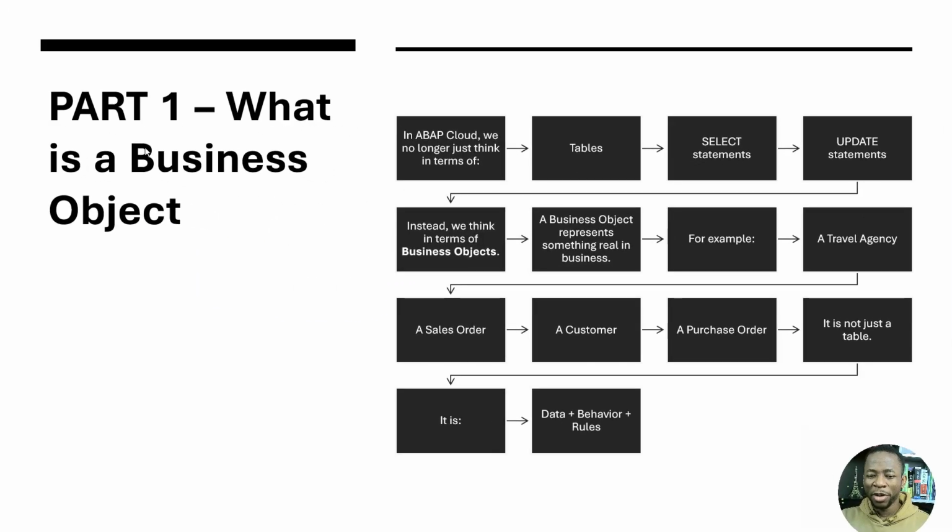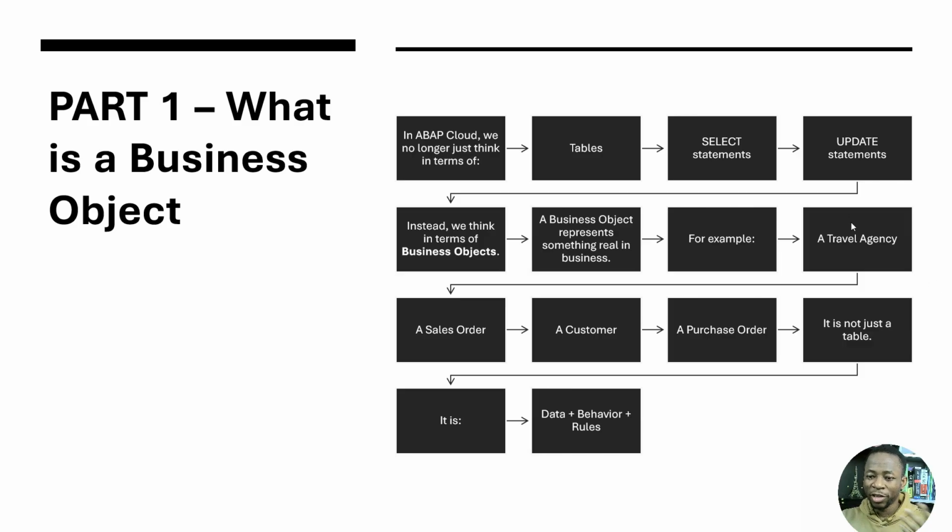As part of modern ABAP programming, you will come across business objects. So what is a business object? In ABAP Cloud, we no longer just think in terms of tables or select statements or update statements. Instead, we talk in terms of business objects, and a business object represents something that is real in business.